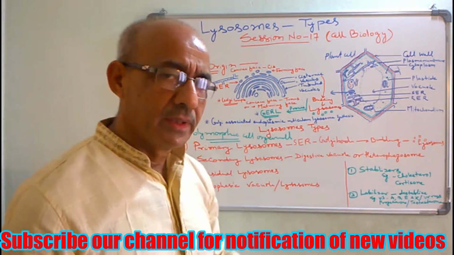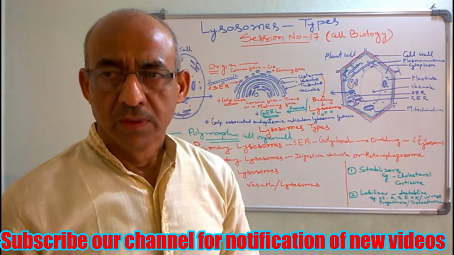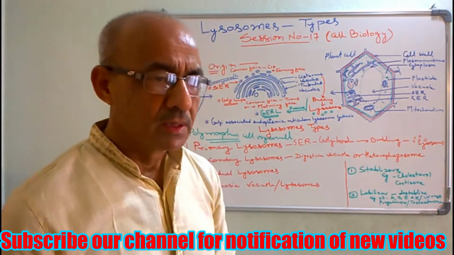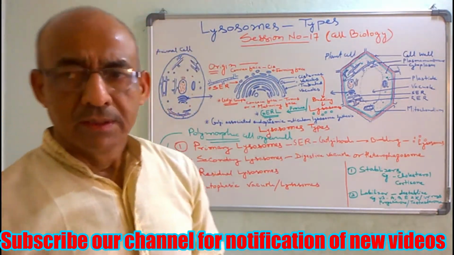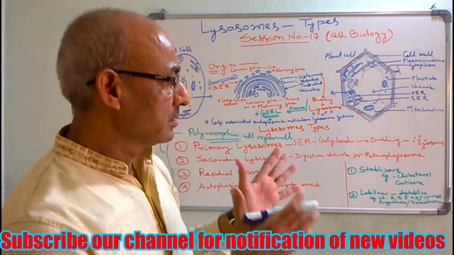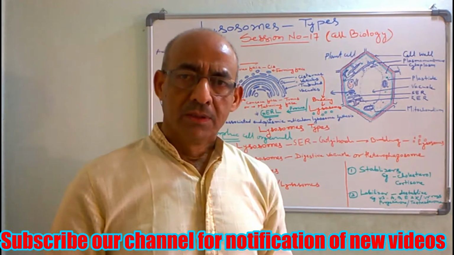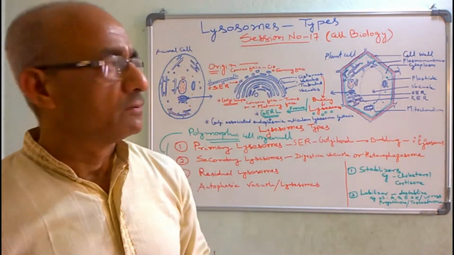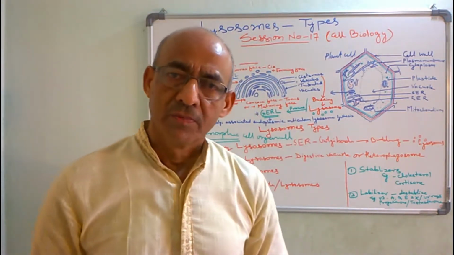They also destabilize the membrane of lysosomes. And there are certain external factors like ultraviolet rays which also destabilize the membrane of lysosomes.